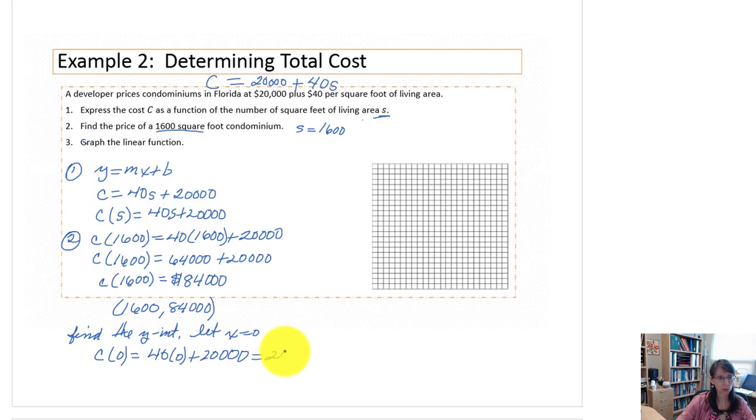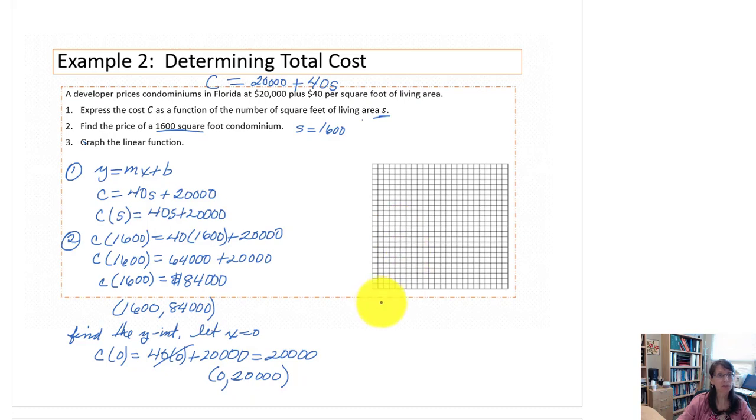And that is 20,000, because we can see 40 times 0 would be eliminated. The ordered pair we just found then would be input of 0, output 20,000. So these are the two ordered pairs we're going to plot.